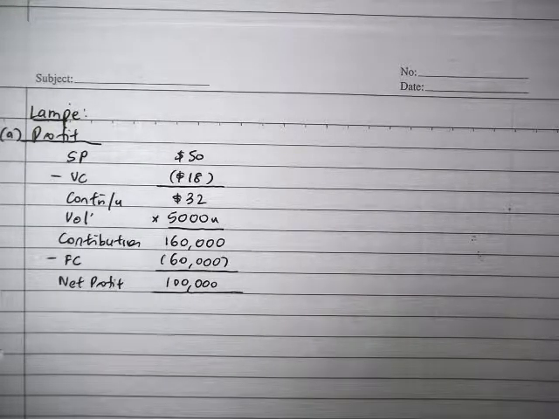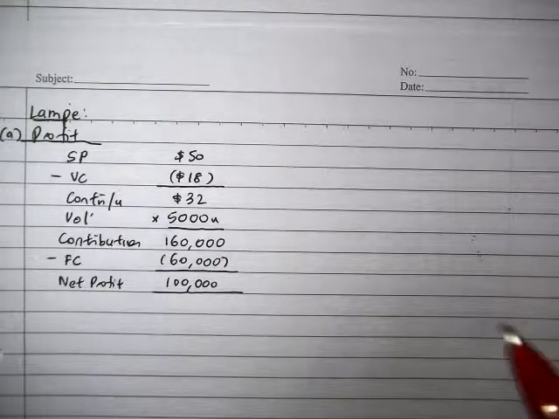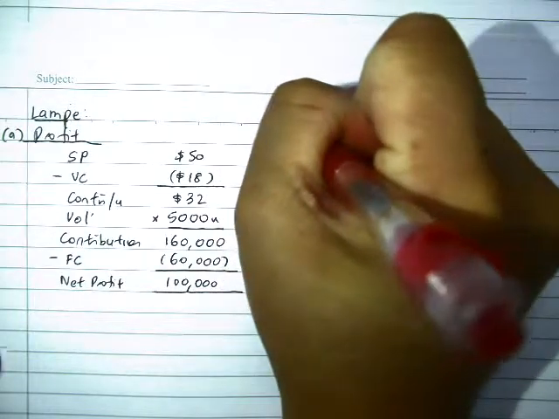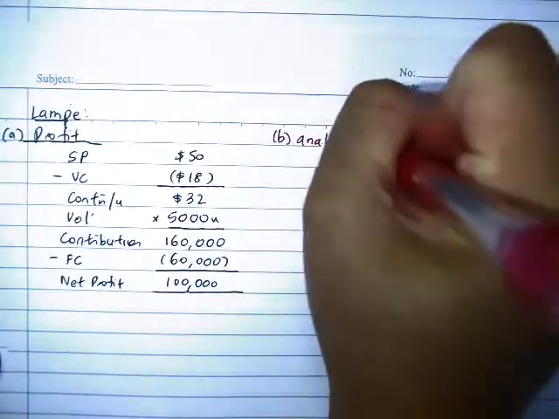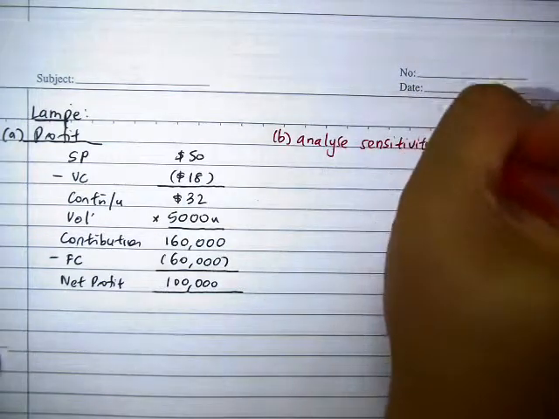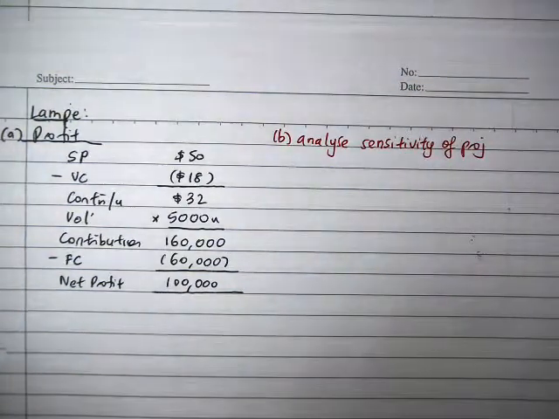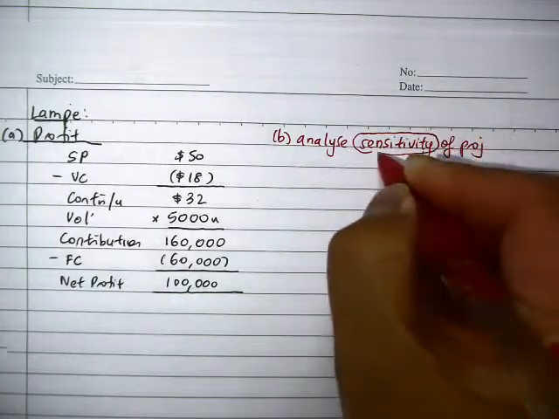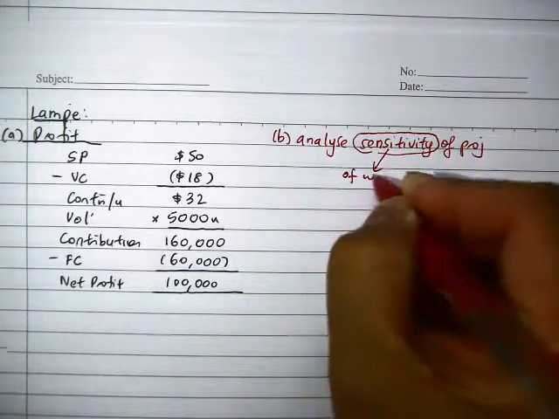Now there's nothing new here. It's all the same old thing. Now what I want to show is B. They ask you to analyze the sensitivity of this project. Now when you analyze sensitivity, it is sensitivity of what?